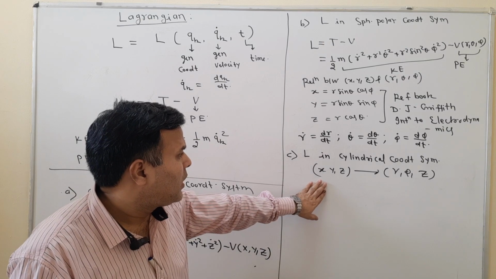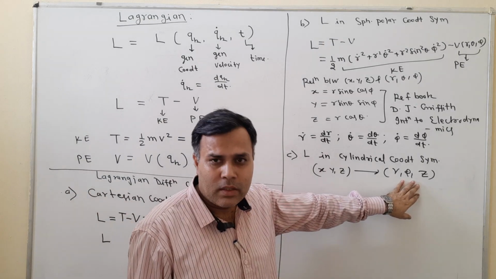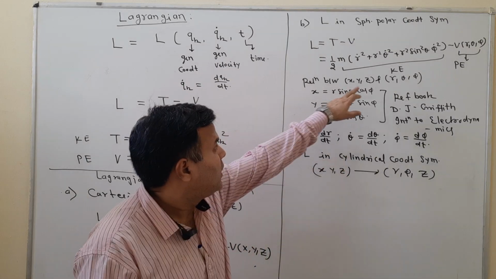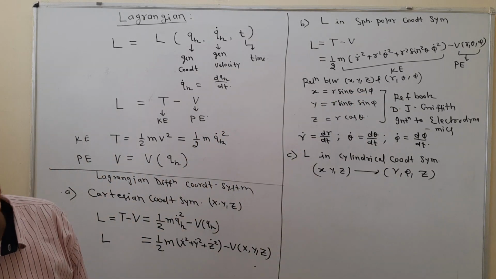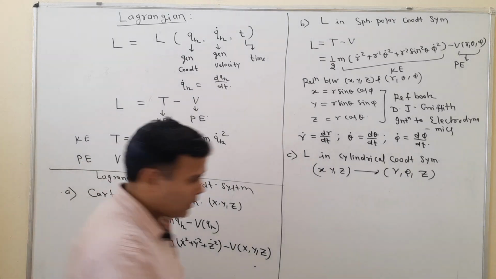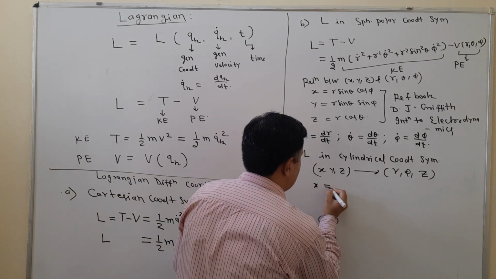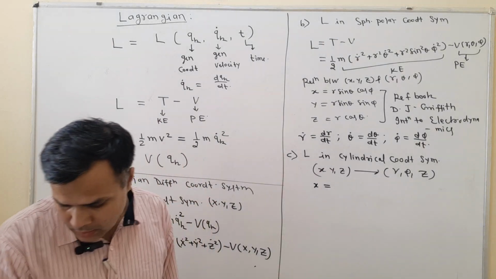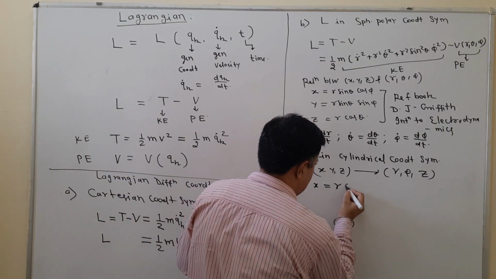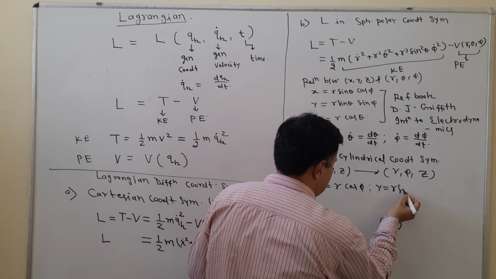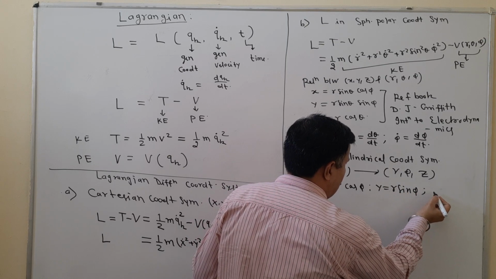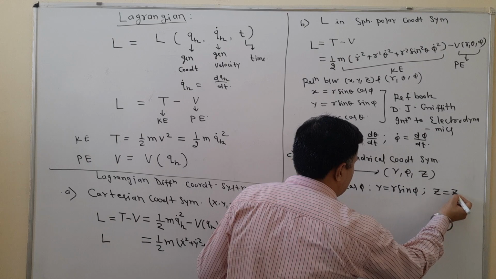So the cylindrical coordinate system is r, phi, z, and spherical is r, theta, phi. In this coordinate system, our relation is x is simply r cos phi, y is r sin phi, and z is simply z.